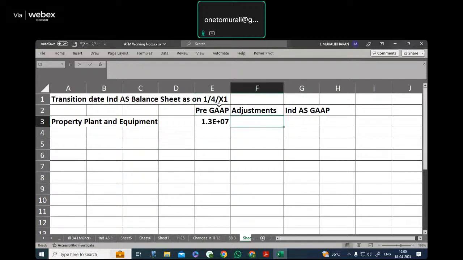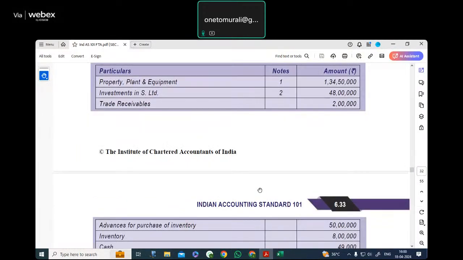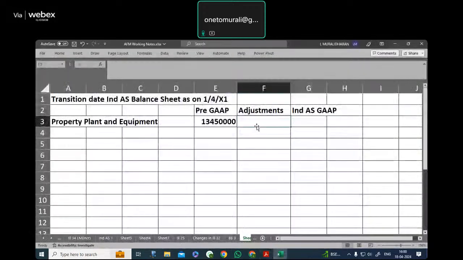So here, what is it that we are expected to do? We are expected to deduct investment property to the extent of 450,000, minus 450,000. So therefore, we are expected to arrive at the new value.